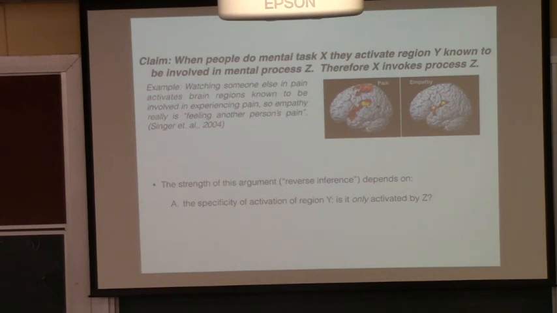Things that you think will cause emotional pain. Right? So if you do that, then you have converging evidence that the same sets of neurons might be involved in these two functions.